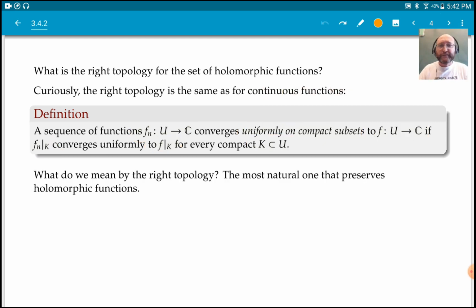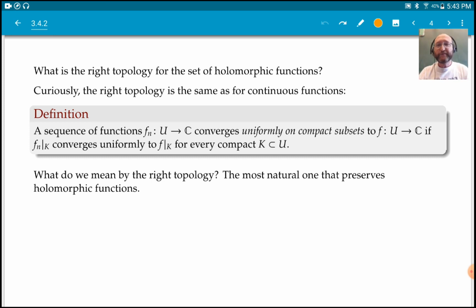All right. So what do we mean by the right topology? One of the things that we want is for the topology for this notion of convergence to preserve our space of functions.